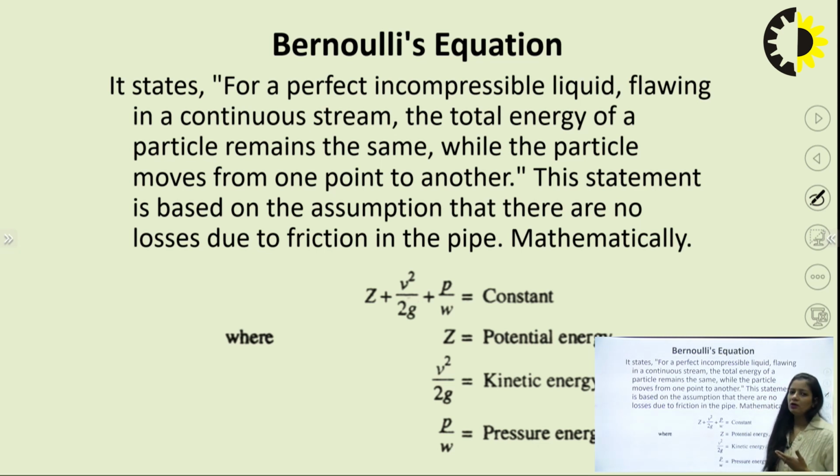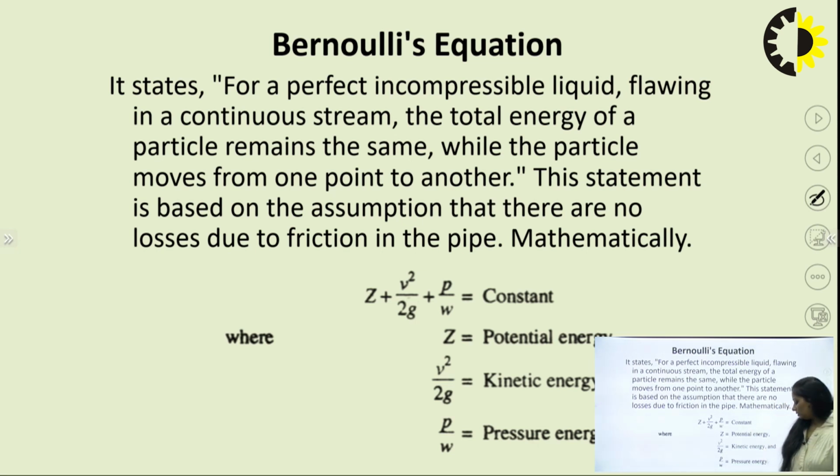Now, what does Bernoulli say about the total energy contained or conserved in any section of a moving fluid? Bernoulli says that at any section in a flowing fluid, that particular fluid should be perfectly incompressible. And when we talk about the total energy of any particle, that should be the same for any section.